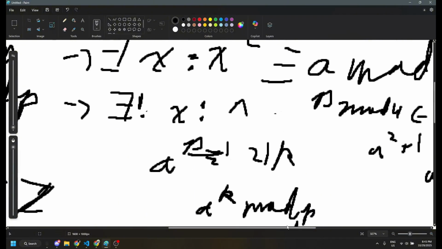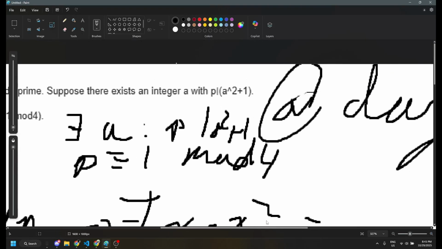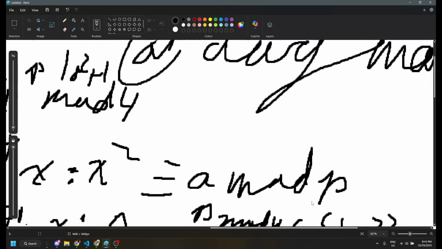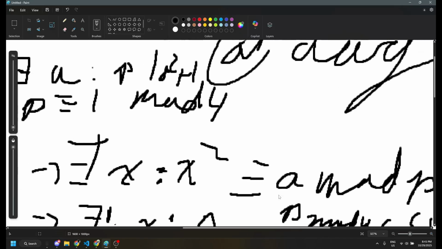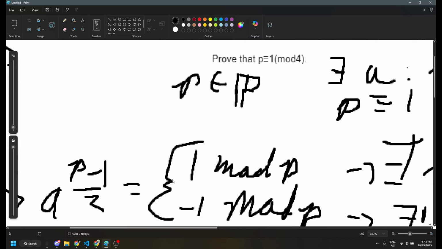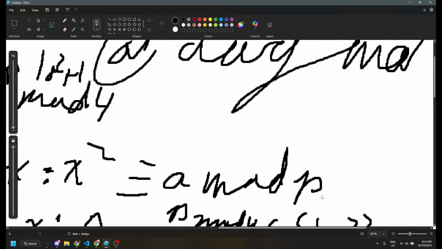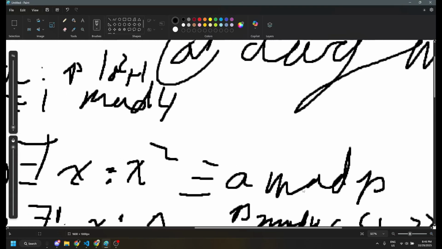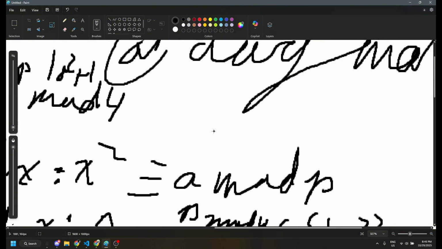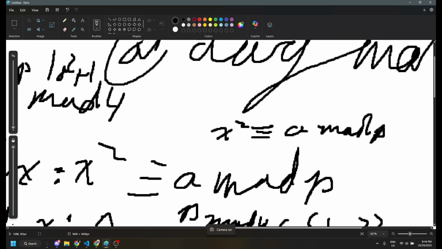Okay. How does this help us prove that p divides a squared plus 1? Well, there's an x such that x squared is congruent to a mod p. So a mod p is a square number. The residue when you divide a by p is a square number.